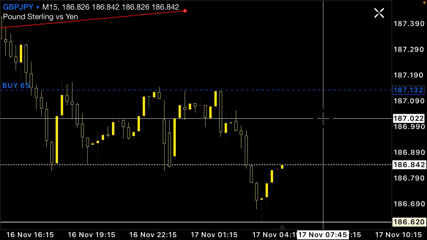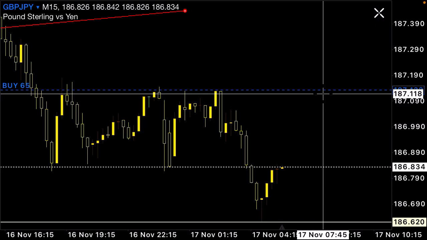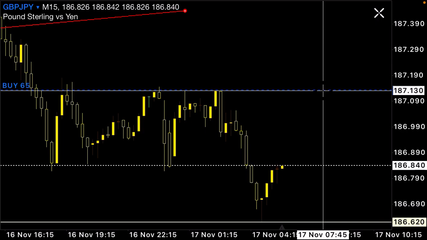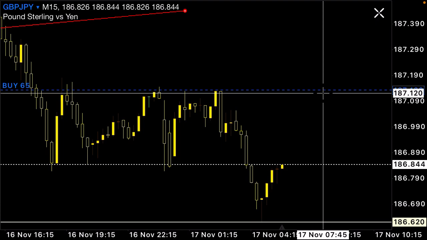Okay, so up where I place the trade, it starts off at 187.130. And then it will go down to 129, 128, 127. See, it goes down one number at a time.